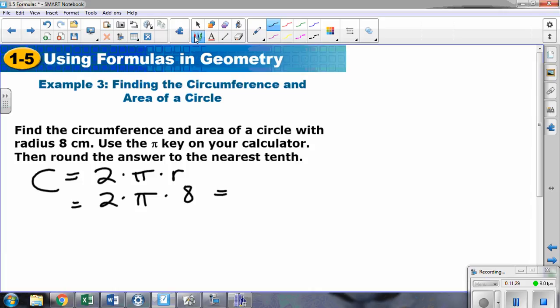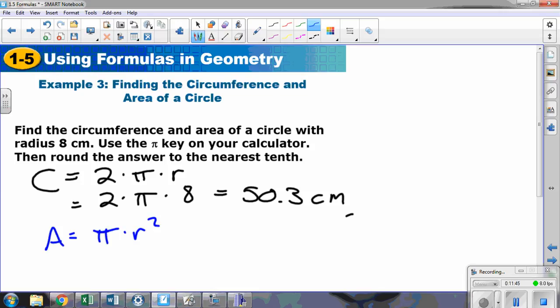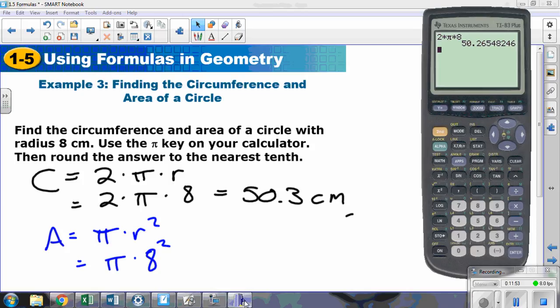50.265, rounding to 1 decimal place, is equal to 50.3 centimeters. And when we do area, pi times radius squared, that'd be pi times 8 squared. So once again, we'll come back to our calculator.